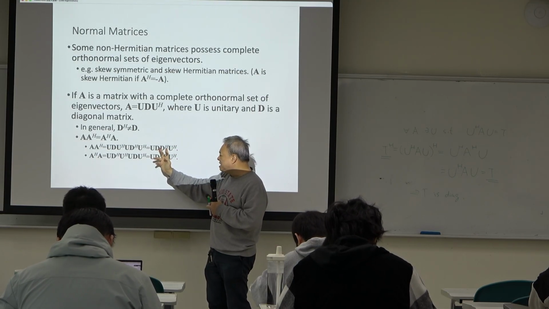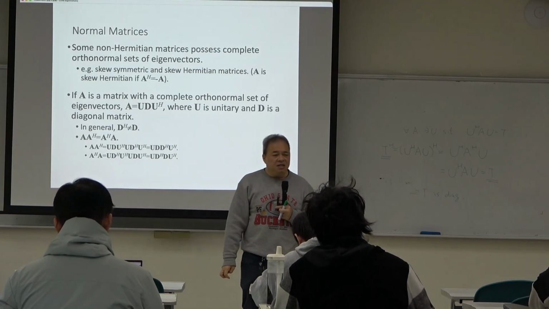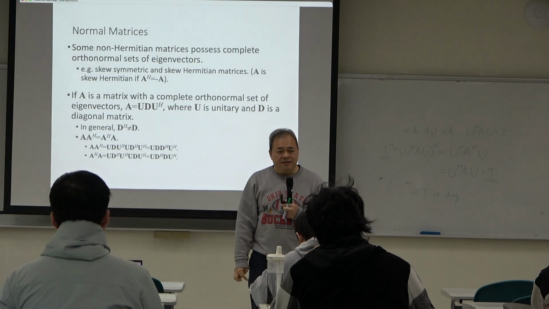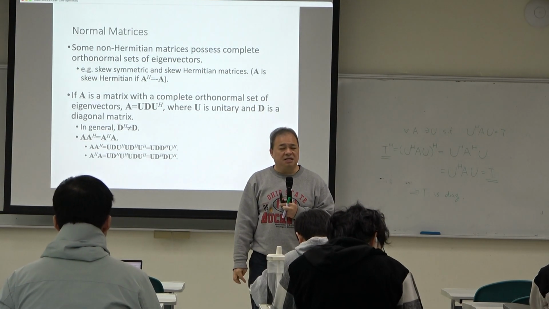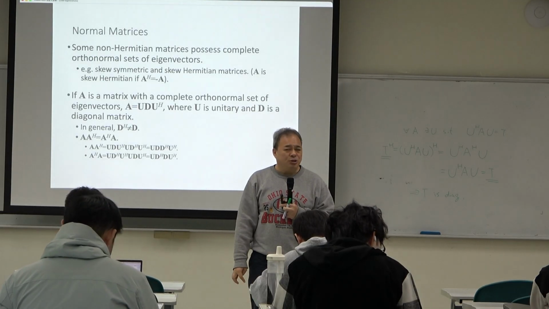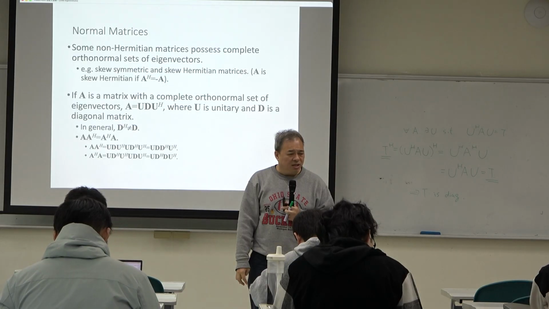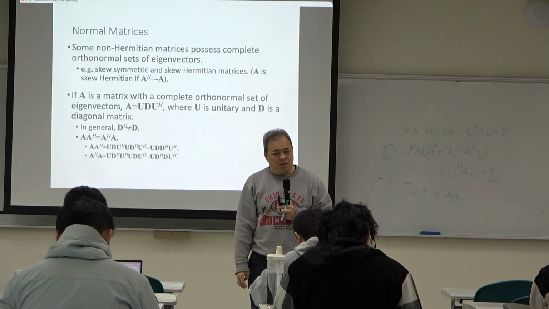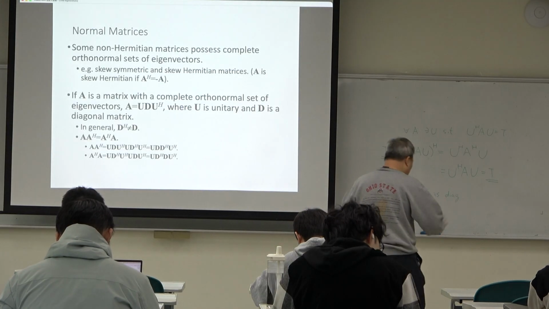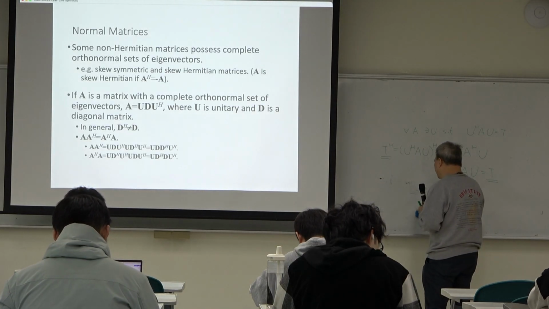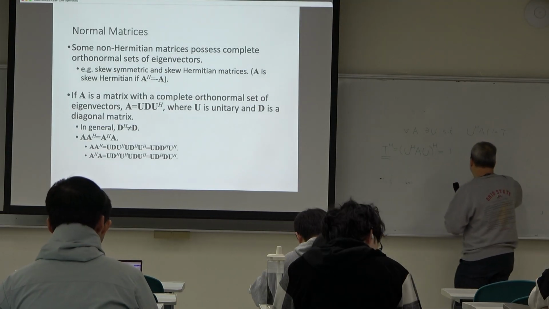The center parts, DD^H and D^HD: remember, D is a diagonal matrix. Because D is diagonal, D^HD and DD^H will be the same. Here I'm not saying D^H equals D; D^H and D may be different.